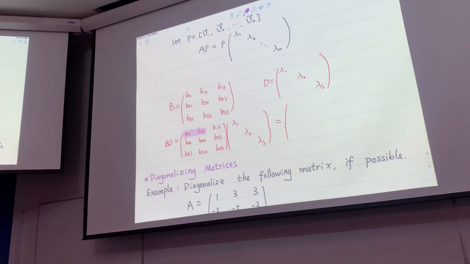This row times this column gives lambda 1 B11, then lambda 2 B12, lambda 3 B13. Next, this row gives lambda 1 B21, lambda 2 B22, lambda 3 B23, and then lambda 1 B31, lambda 2 B32, lambda 3 B33.